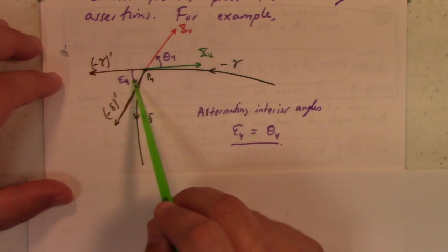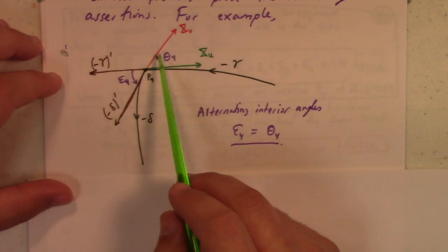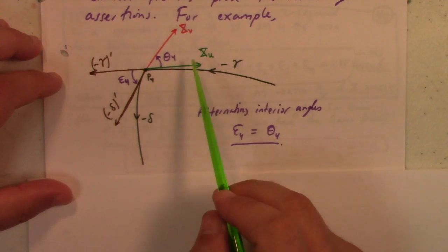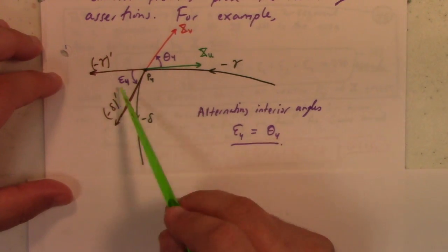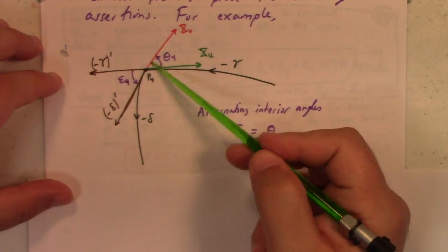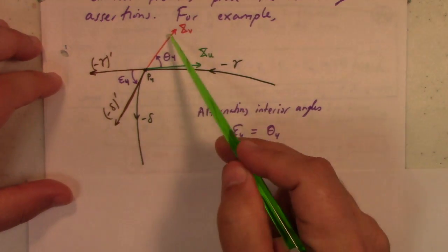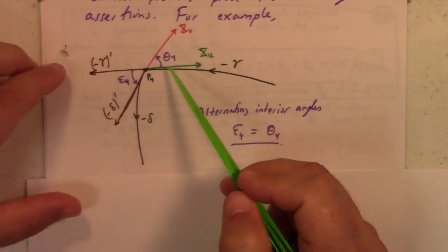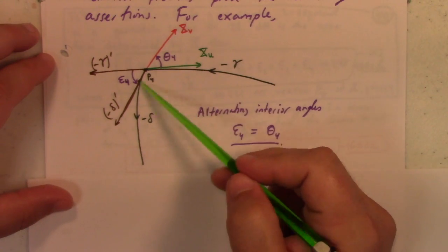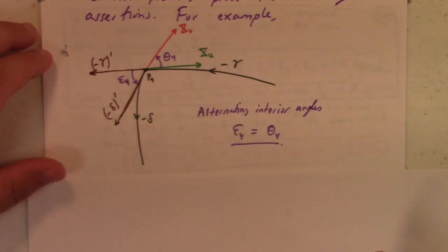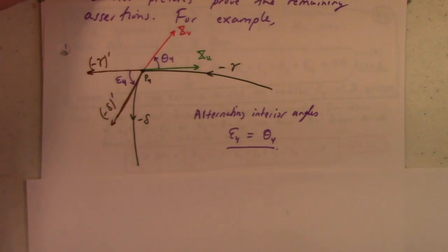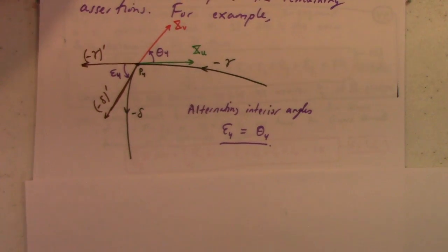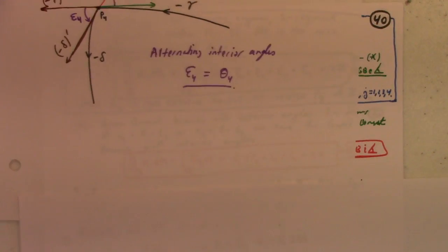Now epsilon 4 is over here, and theta 4 is over there. How are they related? Well, they're equal, because that's actually a line, and that's actually a line. It's got a little bit bent in my picture, but it's supposed to be a line. So these are equal by elementary geometry. What are those, alternate interior angles or something?